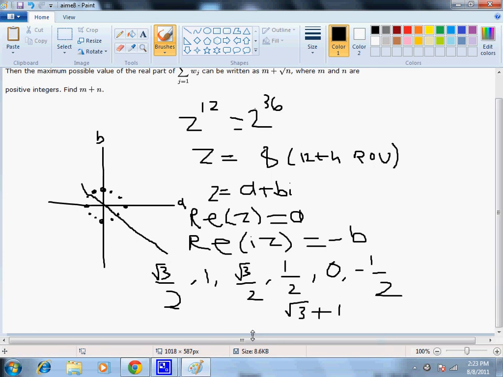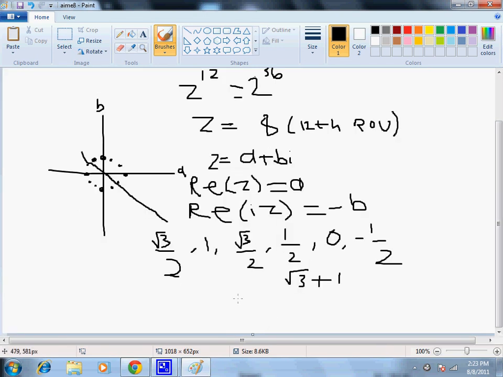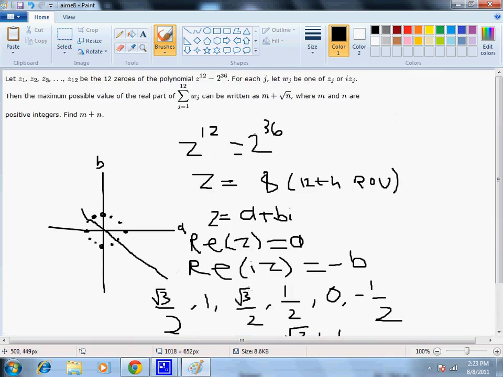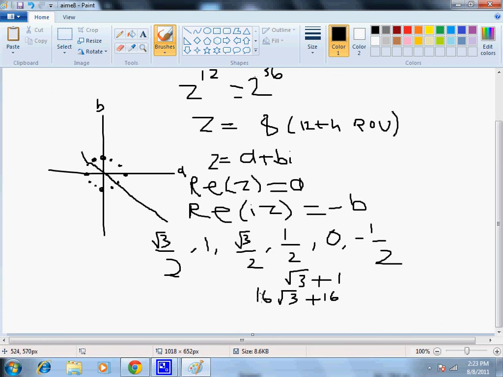So in the end, we get 16 square root of 3 plus 16. But we want it in the form of m plus square root of n. So we put this 16 under the square root sign. So this would be square root of 3 times 256, which is 16 squared, plus 16.